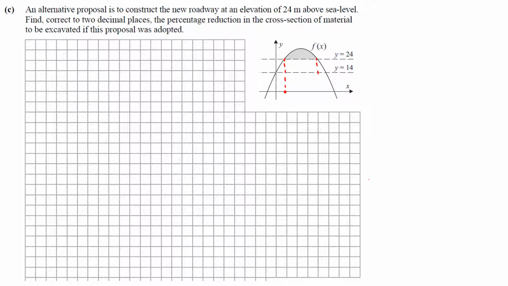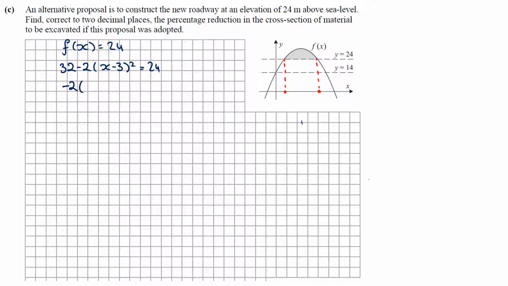And what's this value here? So we want to find where f of x is equal to 24. So I want to find where 32 minus 2(x minus 3) squared is equal to 24.